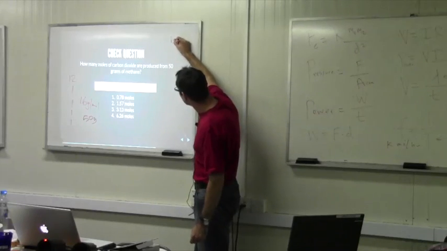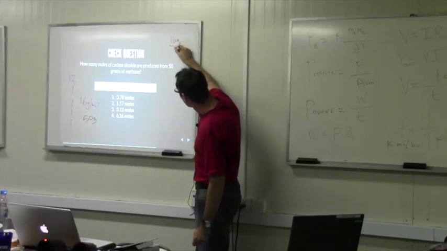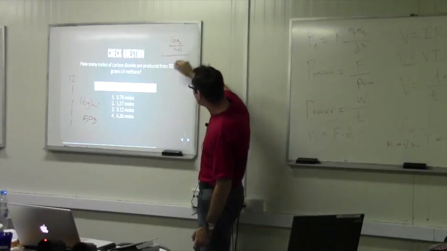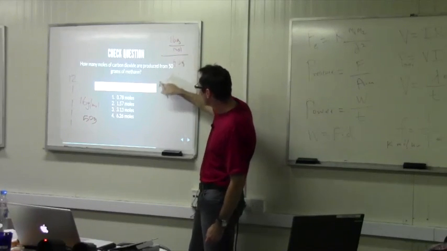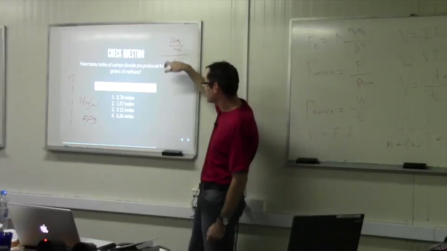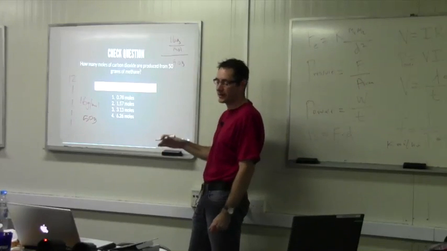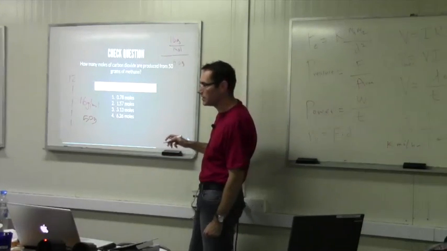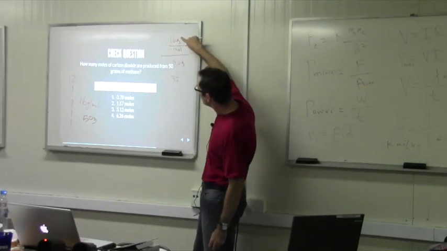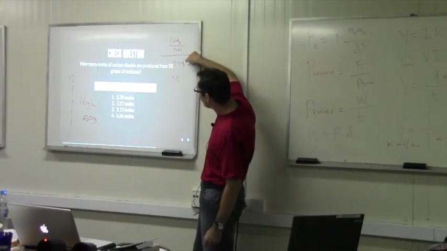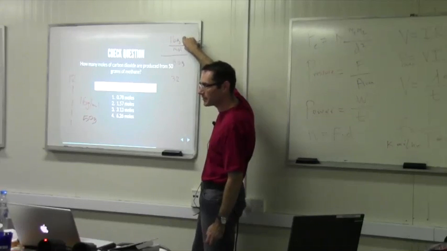16 grams per mole, I'll write it like this, divided by 50 grams. Well, whatever that number is, let's do it on your calculator. What's 16 divided by 50? 0.32. Grams is on the top part of the top.